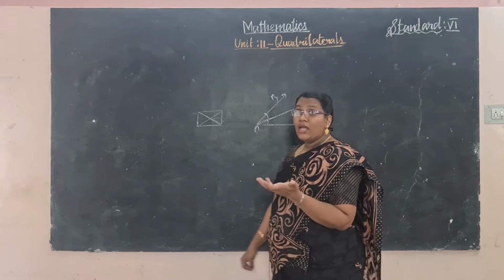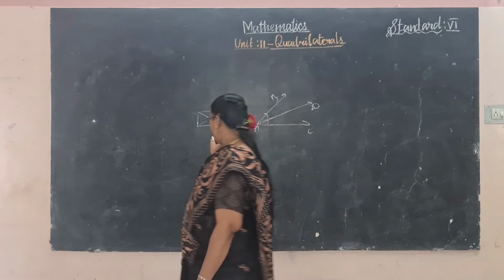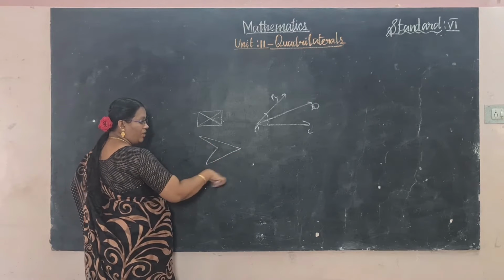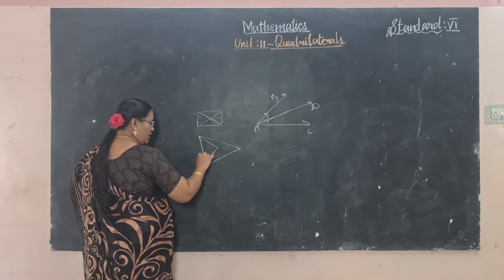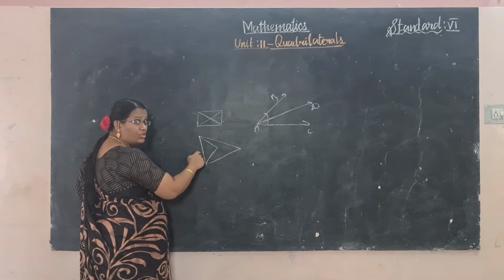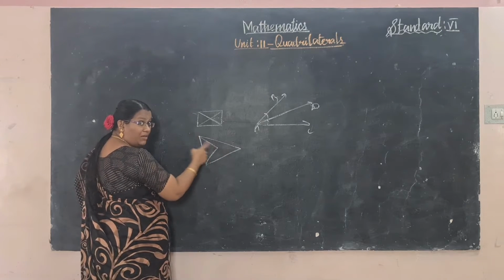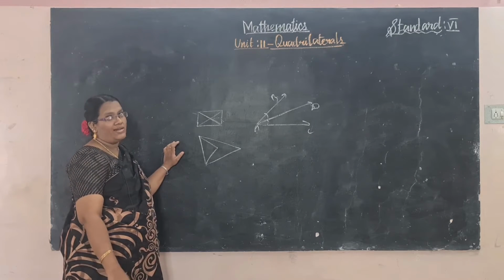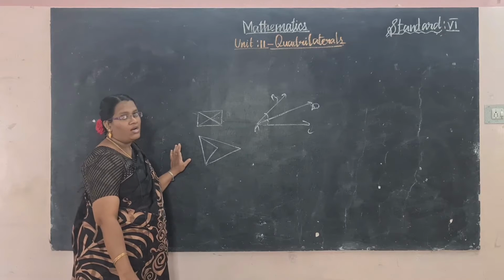And concave quadrilateral means, see one example like this. It is a quadrilateral in which 2 vertices are joined outside of the boundary; that is called the concave quadrilateral.